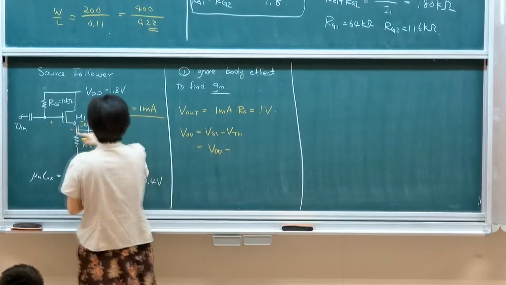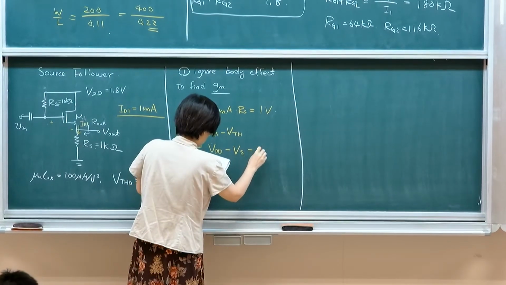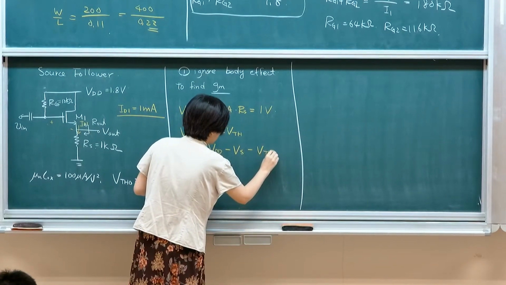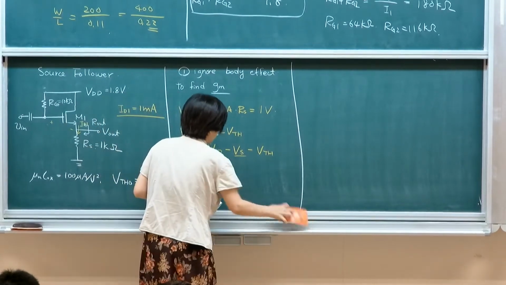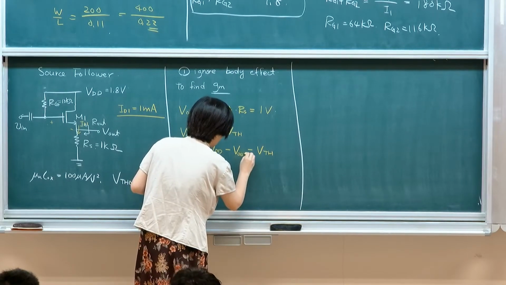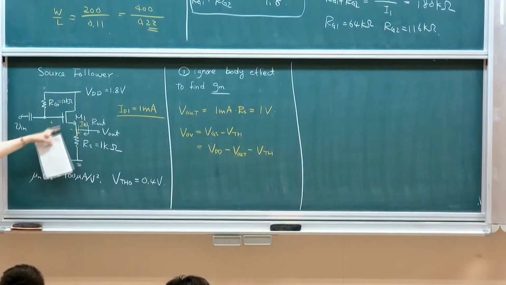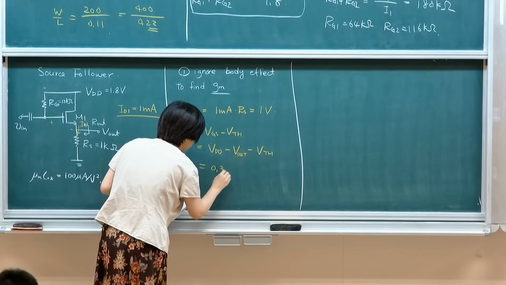I know that output is my source voltage, so this is VS minus threshold. This is actually VL. I should just write it down. Yeah. So it's VDD minus VL minus VTH that is your overdrive. So I know my overdrive is 0.3 volt.